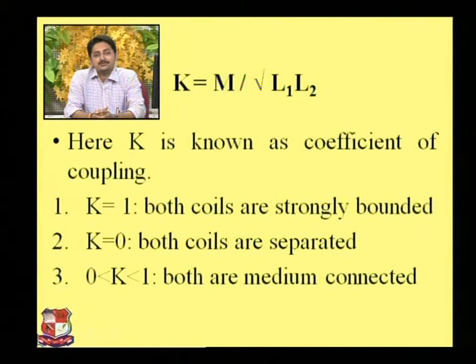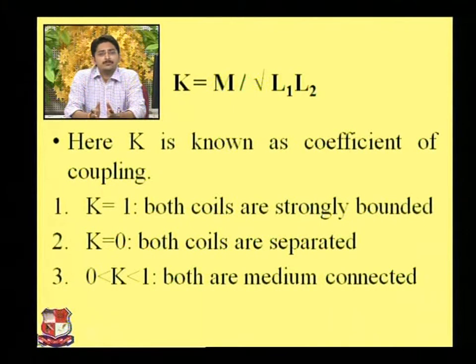Now there are three kinds of possibilities or conditions: k is 1, k is 0, or the value of k is between 0 and 1. If k is 1, then both the coils are strongly bound with each other.